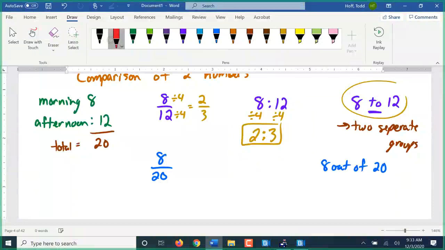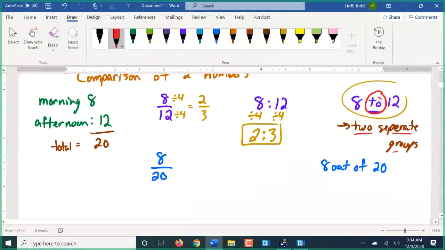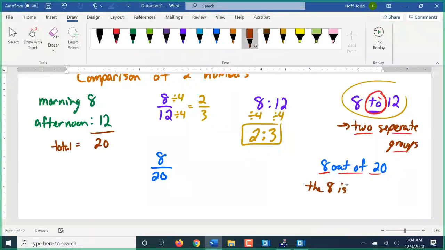So there's different wordings here. The wording 8 to 12 implies that we're comparing two things that are from separate groups. This one here, 8 out of 20, is implying that the 8 is part of the 20.